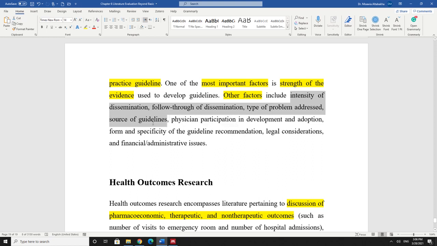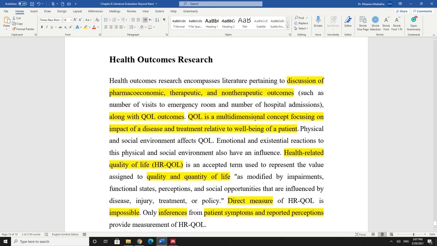For example, is it coming from the hospital, or from the Ministry of Health, or from WHO, etc. Physician participation in the development and adoption of the guideline. Legal consideration. If they tell you that if you don't follow this guideline, anything that happens to the patient, you'll be responsible for that. Also, financial and administrative issues will affect that.